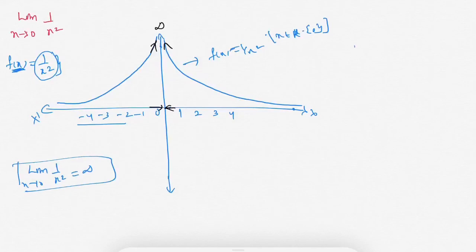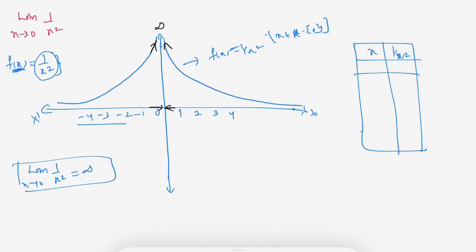How I can show this with a table also: x and 1 by x square. If I take 0.1, I get 100. If I take minus 0.1, 1 by minus 0.1 whole square is also 100. If I substitute 0.01, 1 by 0.01 whole square is how much? 10,000 you will get.